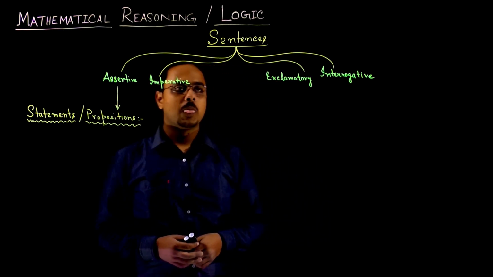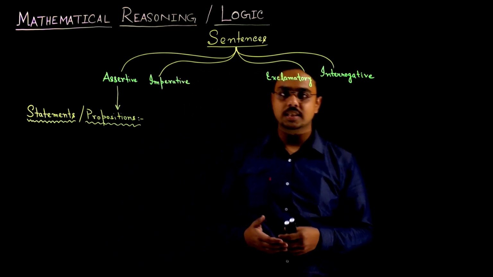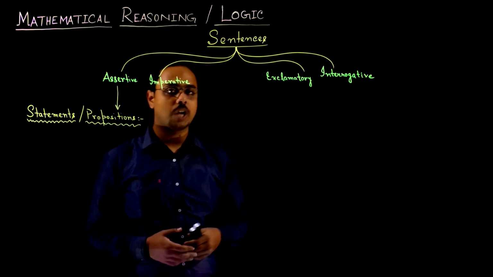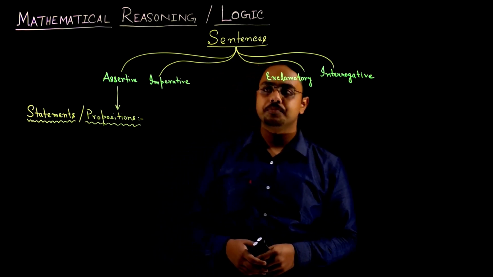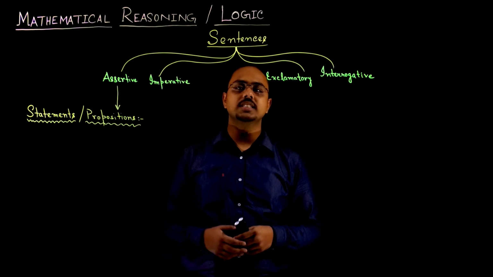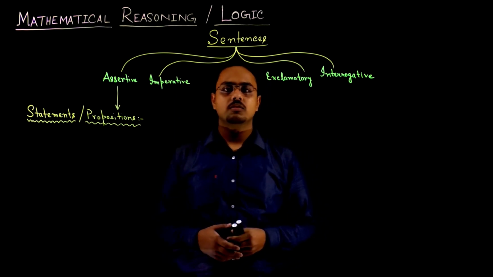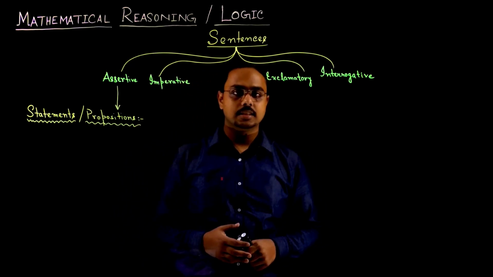First of all, we shall understand some basic terminologies related to the mathematical reasoning or mathematical logic chapter. As you can see here, we will begin with the concept of sentences. You all are very much familiar with the term sentence.